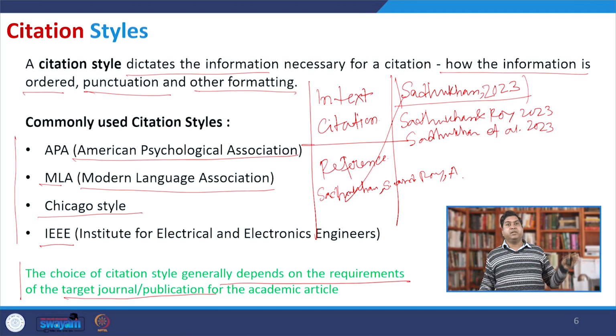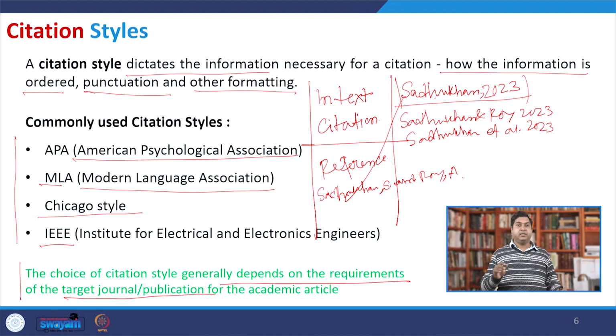Whenever you do it manually, for example, if I want to change the style from APA to IEEE, for each of them I have to refer. Even if Sadhukhan et al. is denoted by 1, maybe it is cited in the first paragraph of your introduction section, or maybe in the second paragraph of your research methodology section, the number will remain 1 only.